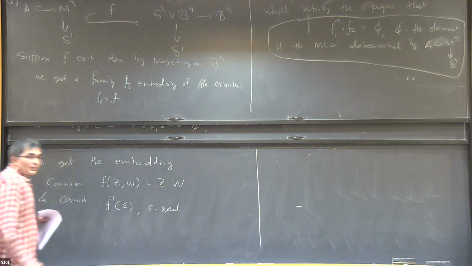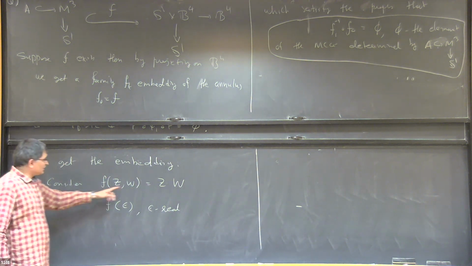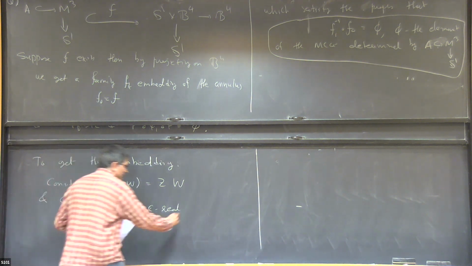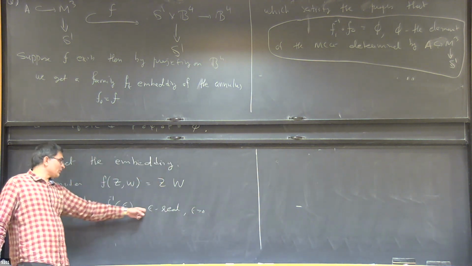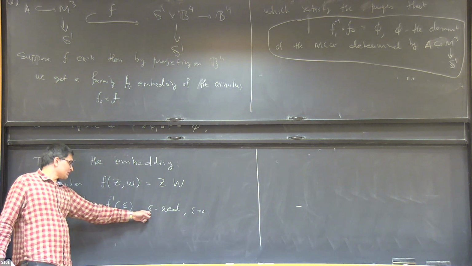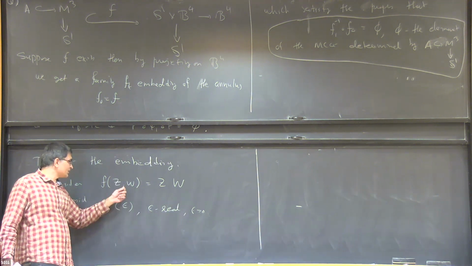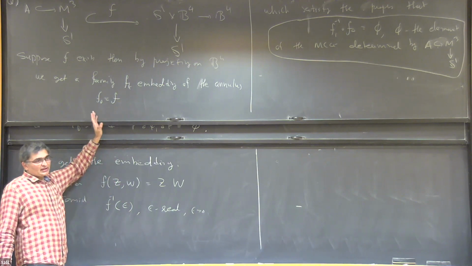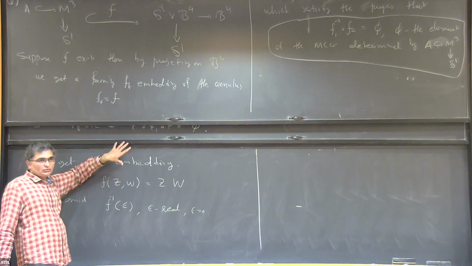Okay. So if you look at this particular map and take any complex number, I have just taken this epsilon as real, but you take any complex number, and if you look at this inverse image, you can check that it is an embedded annulus inside C2.